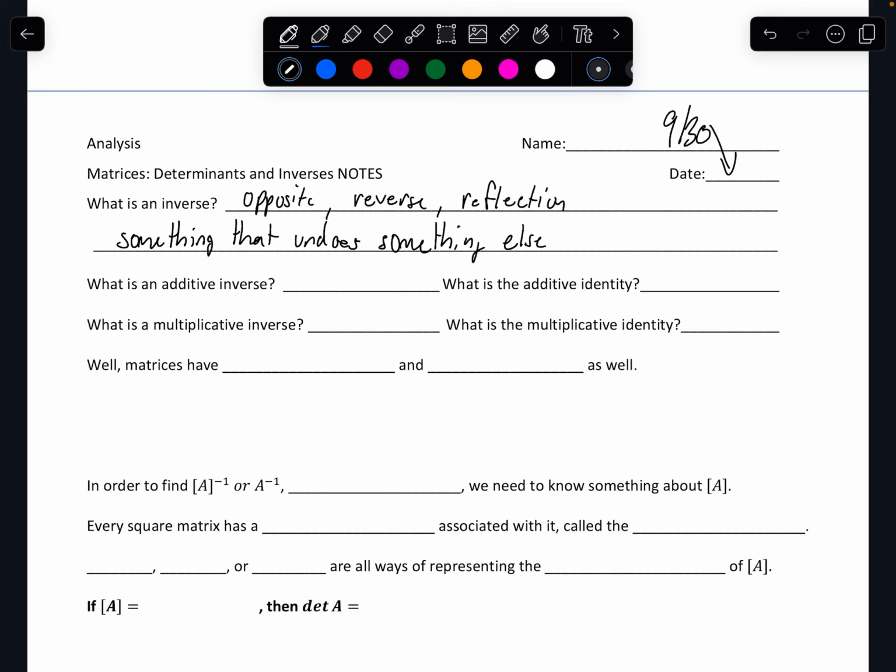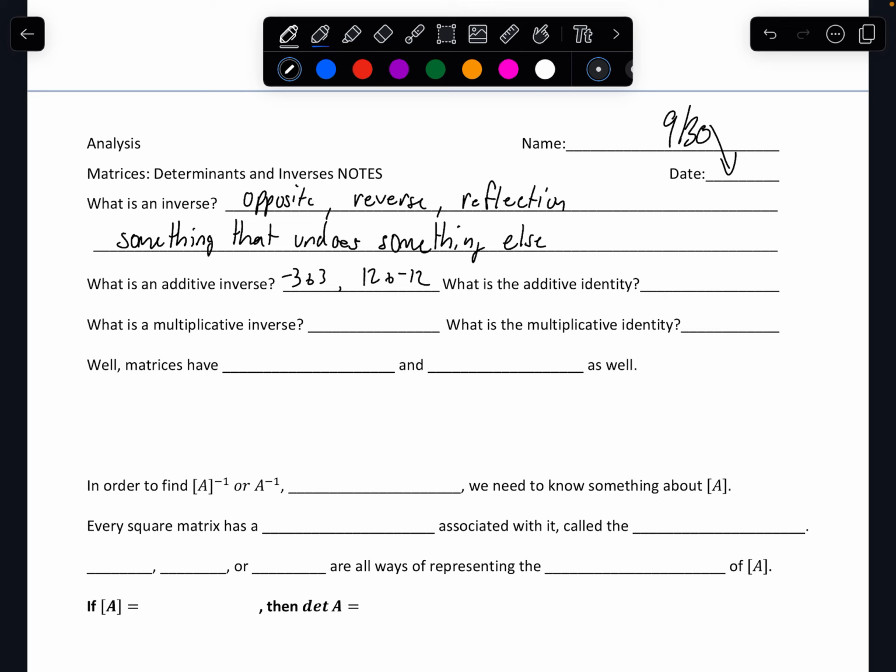What is an additive inverse? So things like, what would you add together to undo things? Like negative 3 would be an additive inverse of positive 3, or 12 and negative 12 would be additive inverses.